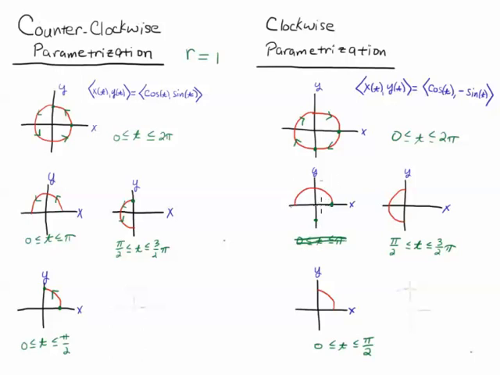So we want to go in a clockwise direction, so what we're going to have to do, if I just get rid of that point there, is we need to start here at this point. And so what we probably want to do here is we want to start at minus pi.